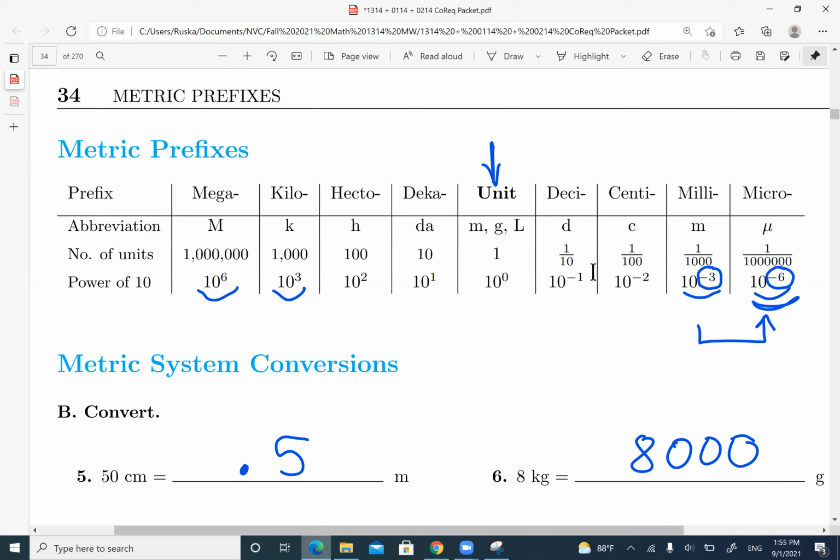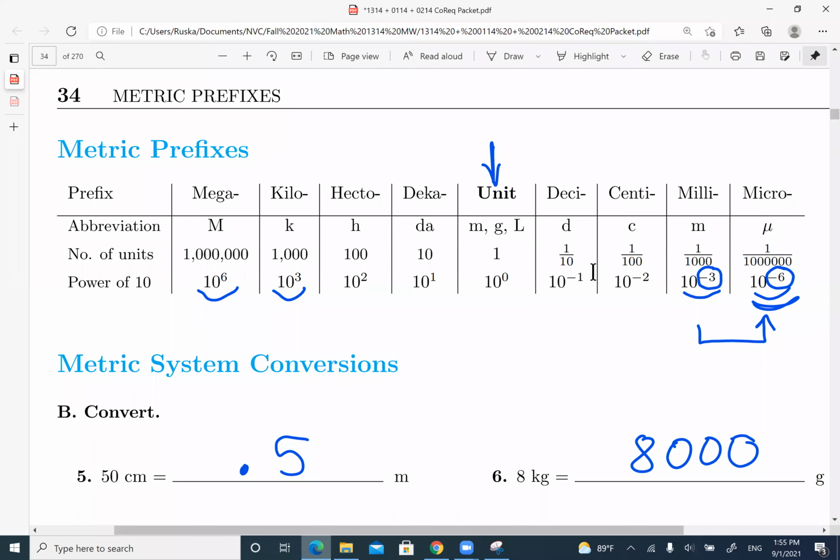That's 2 steps. So instead of doing 2, you're going to do 4 steps, because it's a square, you have to do it 2 times. So keep that in mind. If it's a square unit, you do it 2 times, and if it's cubic, you're going to do it 3 times.